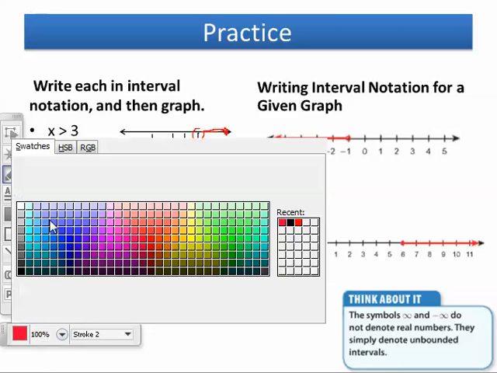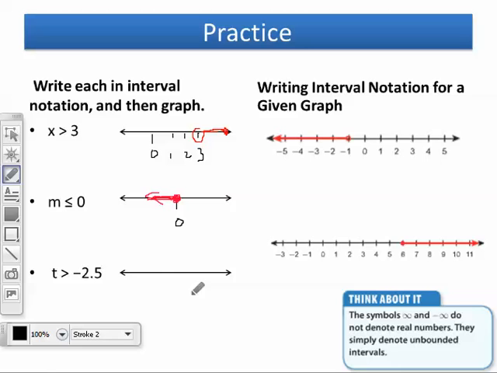Third one there, it says t, and it's saying t is greater than -2.5. Well, I'd start at 0, I'd go to 1, I'd go to 2, I'd go to 3, like that. And since I've got negatives, darn, -1, -2, -3, like that.